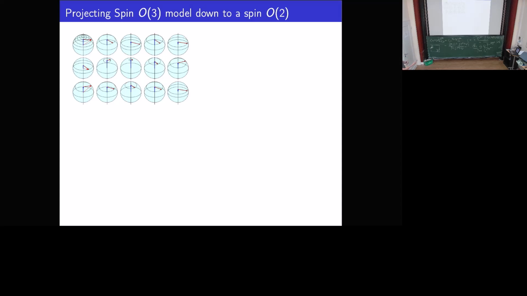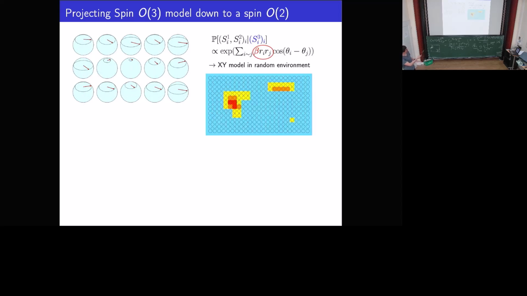What we did is that we revisited a series of papers by Patrascu and Zeiler, and in those papers, they had only 0.5% of the physics community with them, 99.5% with Polyakov, but still, their series of papers was saying, if Polyakov is correct, then it must be the case that if you sample an S2-valued spin system and you project it down to an XY model, so you condition your system on the vertical direction and you look at the remaining randomness, it's easy to see that this is exactly an XY model, but in a random disorder, where the closer you are to the north or the south pole, the smaller the beta is along those edges.